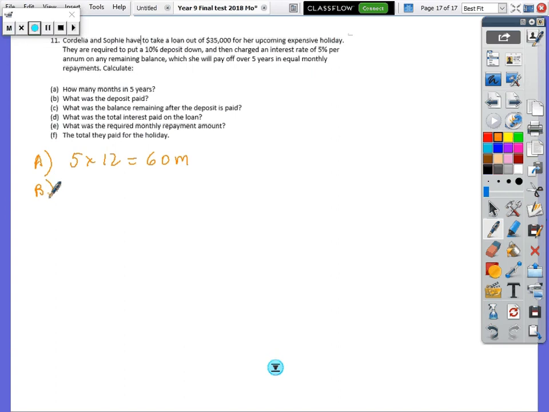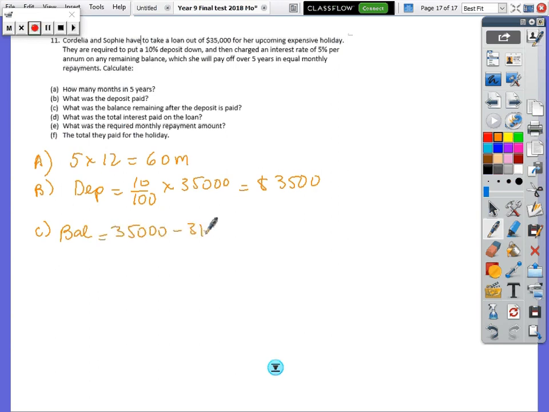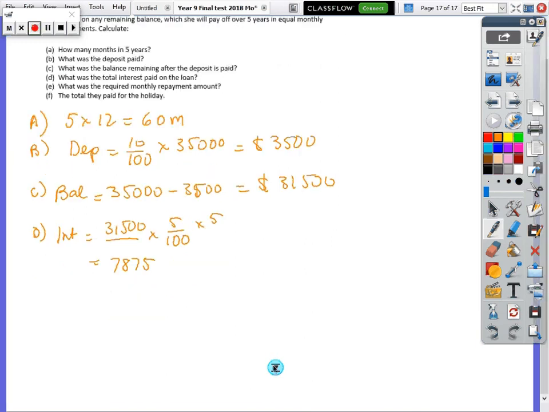Part B, deposit is 10% of 35,000 equals 3,500. The balance that you still owe, 35,000 minus 3,500, so you have 31,500. C, the interest is 31,500 times 5% times 5 years, so $7,875 is the interest.